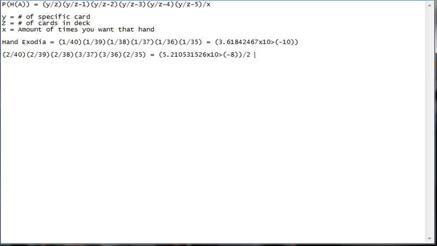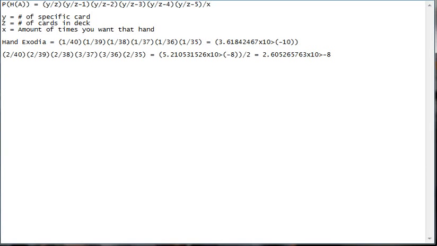So, equals 2.605265763 times 10 raised to the negative 8.